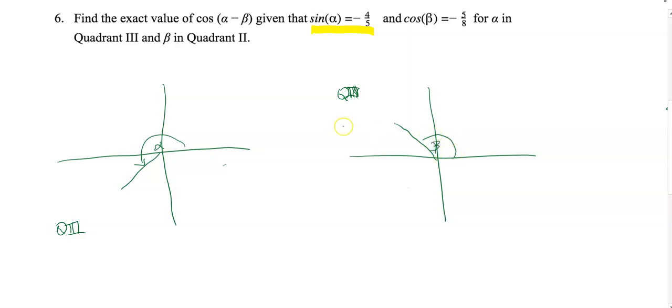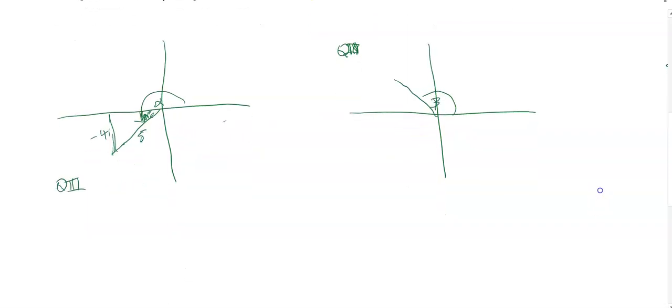So sine of alpha is y over r. So r will be 5 and y will be -4. r is always positive, so we need to find x. We're using this alpha in our triangle, so we could call that alpha prime or the alpha reference angle. Remember, x squared plus y squared is equal to r squared.